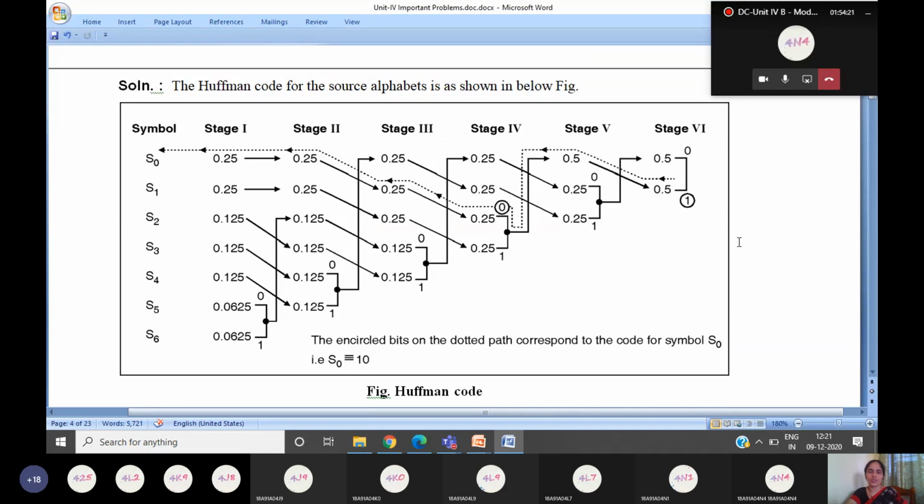Is this okay for everyone, Huffman code? Anyhow, I will tell you one more example in the next class.